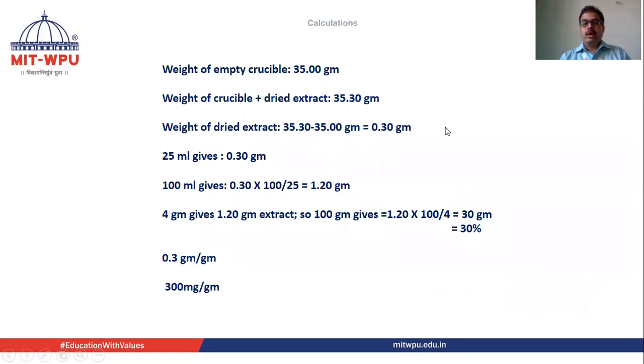So the calculations are like this: weight of empty crucible, we had 35 grams. Weight of crucible plus dried extract was 35.30 grams. If we subtract the empty crucible from 35.30 grams, we get the weight of dried extract, so 0.30 gram is the dried extract.